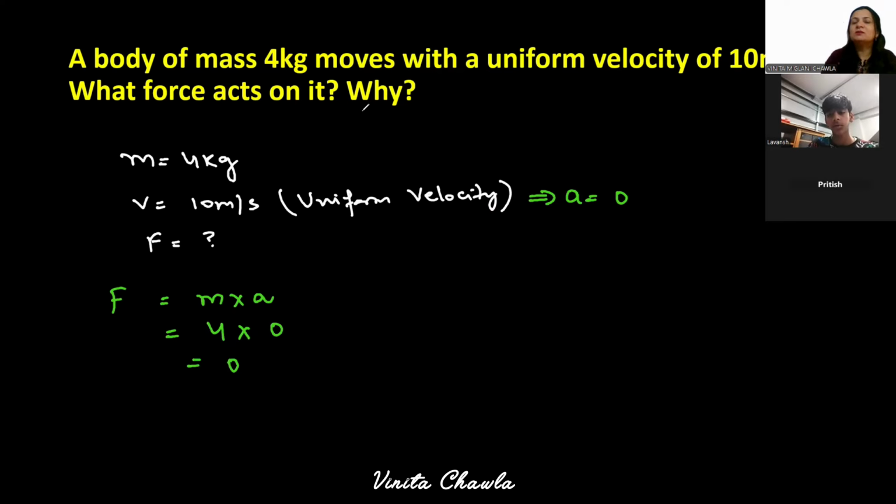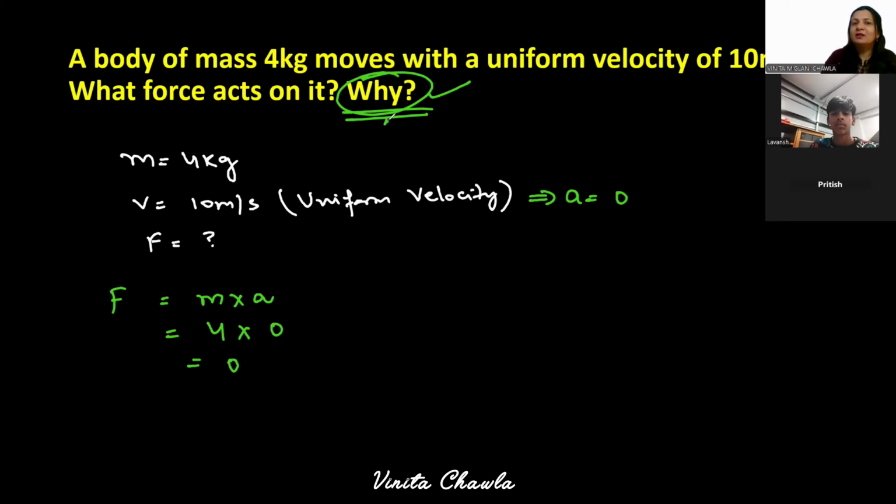If the object is moving with constant velocity, we need to justify why. If the object is moving with constant velocity, there is no change in velocity, right? So no force is applied on the object in that case.